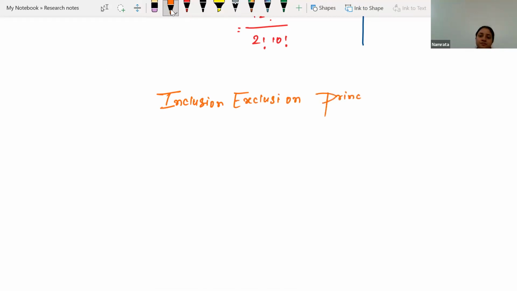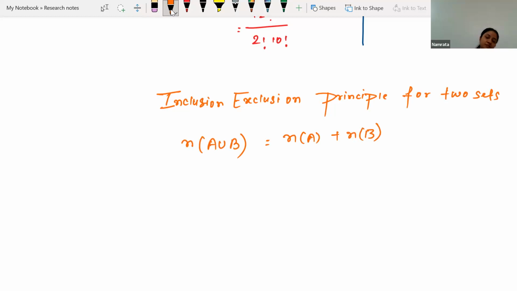Principle. Have you seen this formula? Yes, ma'am. The union intersection formula, which you have done in the set chapter, right?